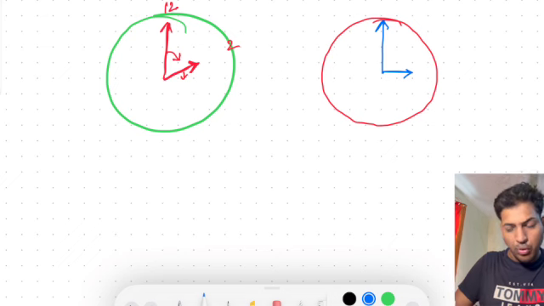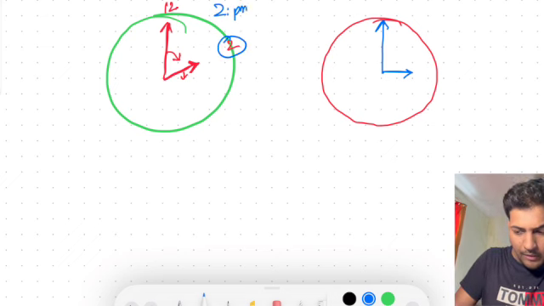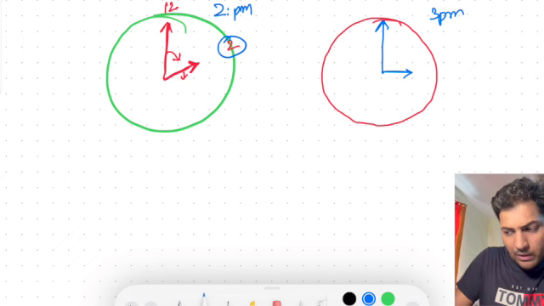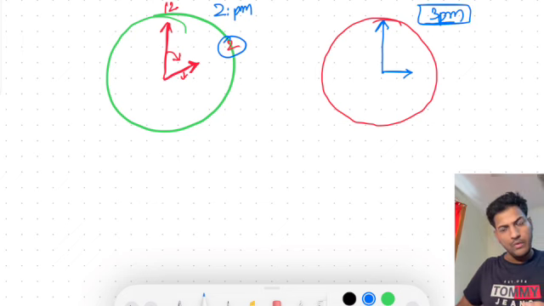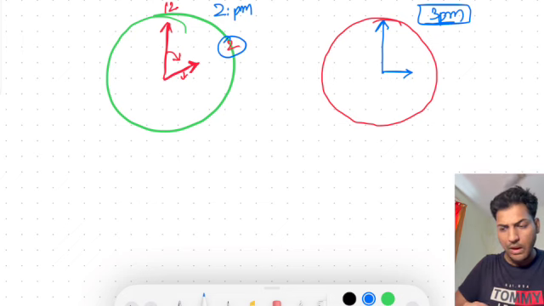Now in between 2 p.m. and 3 p.m. you can see that the minute hand has crossed the hour hand once, only once. And when will that happen?